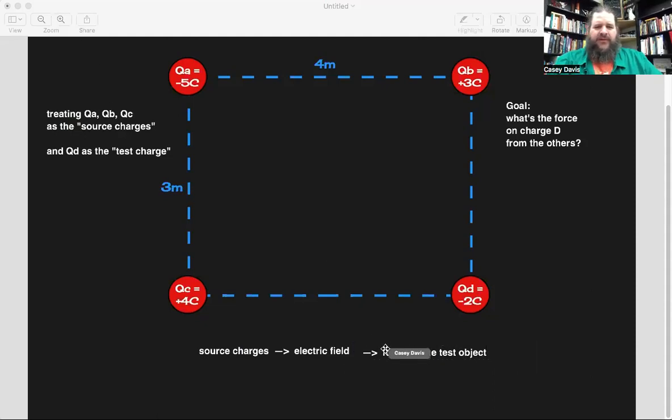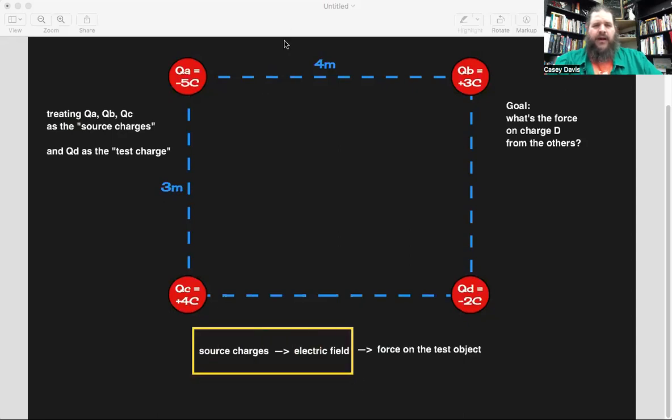So we typically do this in two steps. We look at the source charge creating an electric field, and then separately, we look at the electric field creating a force on the test object. Any questions on that general idea so far?